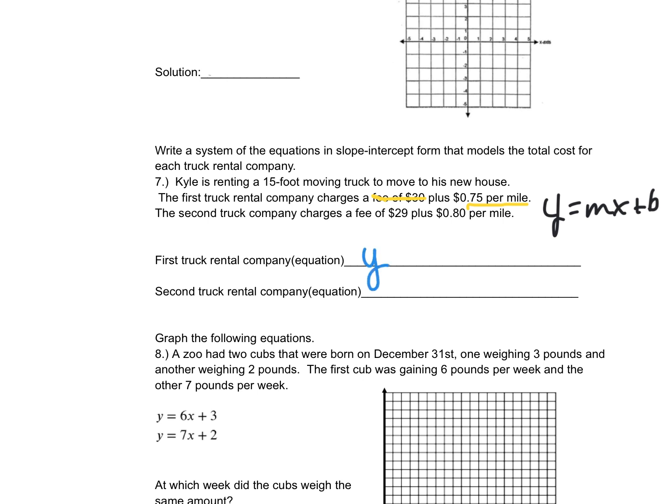So we had y equals 75 times how many miles, plus 30 is our b, because that's our constant. The second truck rental company equation, they charge a fee of $29 plus 80 cents a mile. So y equals, what is our rate of change? What's changing? We're going to make 80 cents per mile, but we're charging a flat fee of $29.